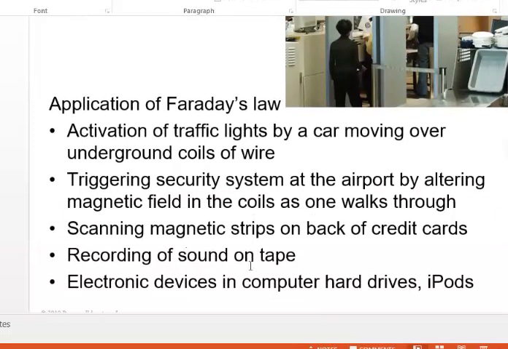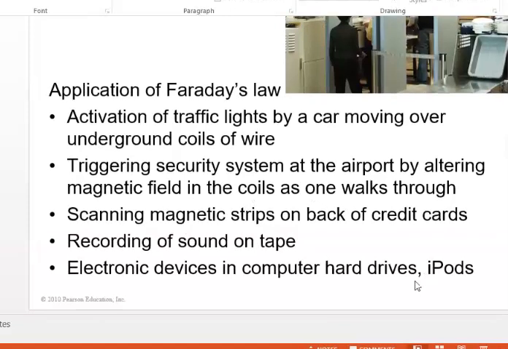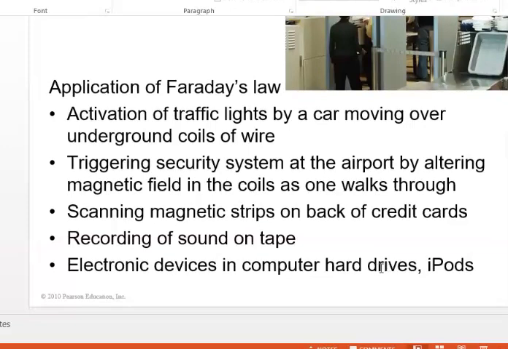Recording of sound on a tape is also electromagnetic induction. Electronic devices like the computer hard drive, whose memory is in terabytes or TB, and iPods are all based on electromagnetic induction.